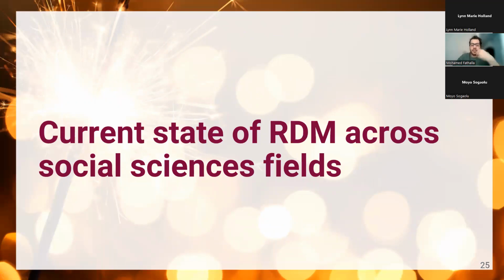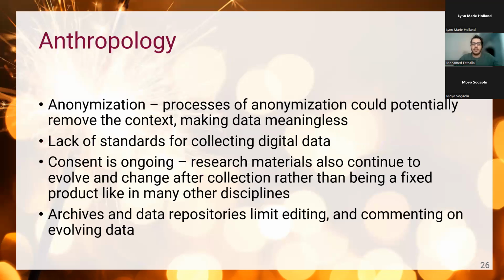I think after discussing the methods to do RDM and the need for RDM, let's discuss what is the current state and what's missing. Across social science fields, in each field, we will take a moment to discuss what's missing and what's the current state. So for example, in anthropology, anonymization is one of the main aspects.